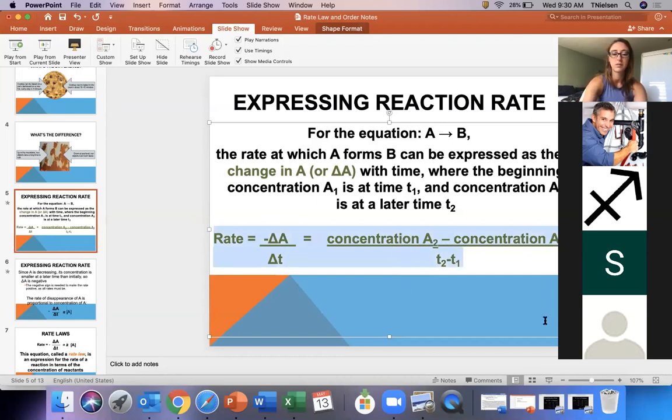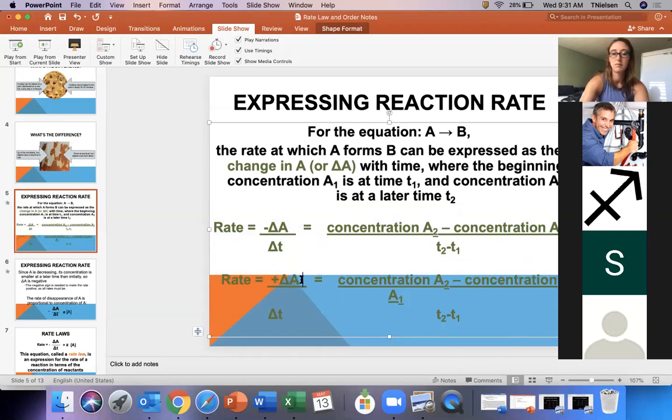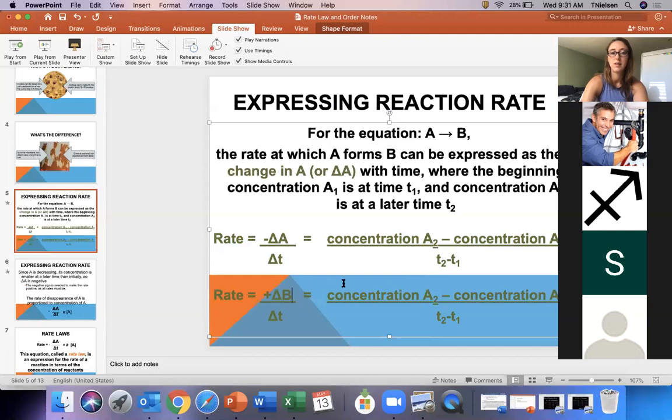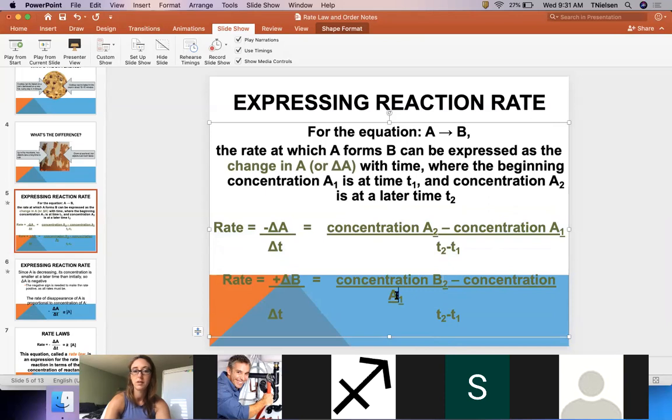Okay, now we could also do the same thing. Let's see if I can do this real quick here in front of you. Except looking at B instead. And I know it's a little difficult to see because it's written on the colored part of this slide. But you could also look at the formation of product, right? So concentration of B2 minus the concentration of B initially divided by the change in time.